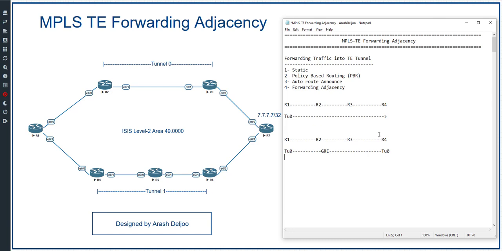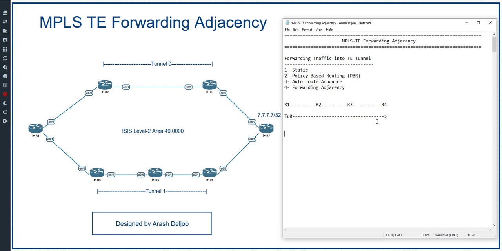But the traffic engineering tunnel does not work like the GRE tunnel. From the view of OSPF or ISIS as the IGP, the TE tunnel cannot be seen. Here we have only one tunnel and we are using it. OSPF or ISIS, normally when you are using static routing, policy-based routing or auto route announce, doesn't advertise this tunnel because it is not a real virtual link such as a GRE tunnel.